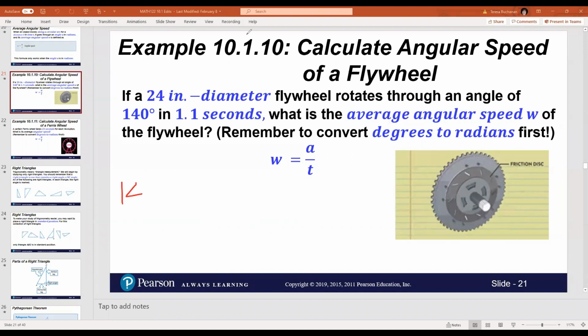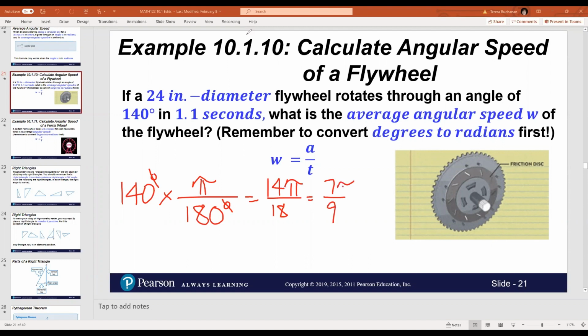So the 140 degrees, I'm multiplying by pi over 180. And I know to put the 180 in the bottom because I want to force the degrees to cancel. I end up here with basically 14 pi over 18, which is going to be what? 7 pi over 9.